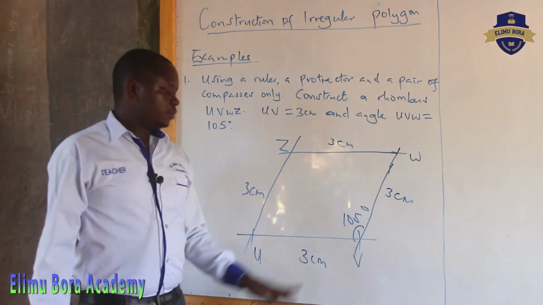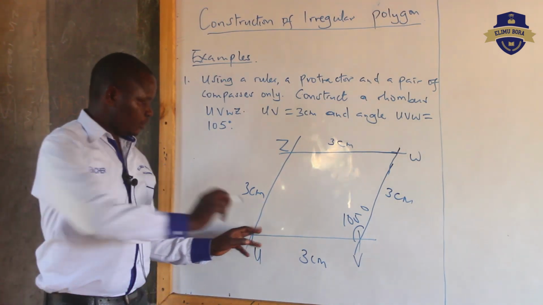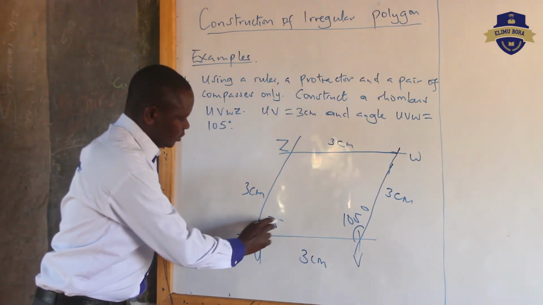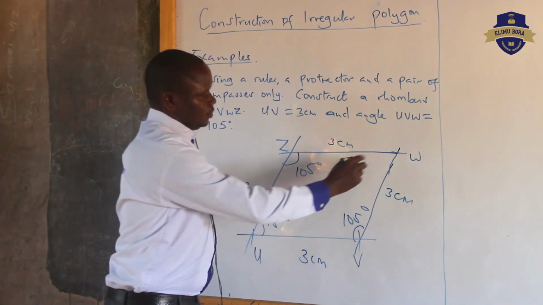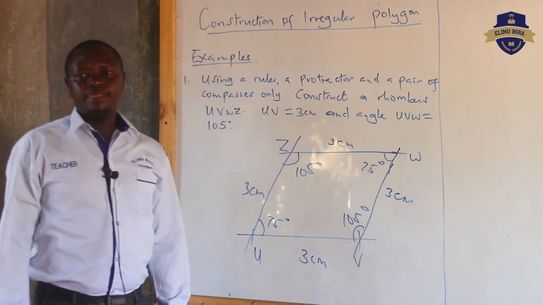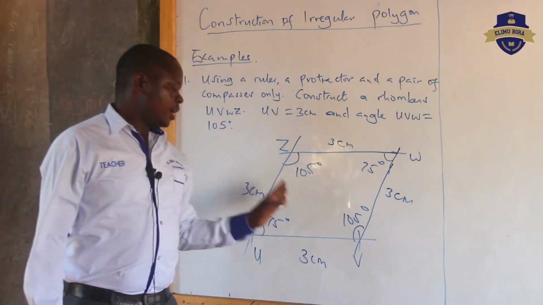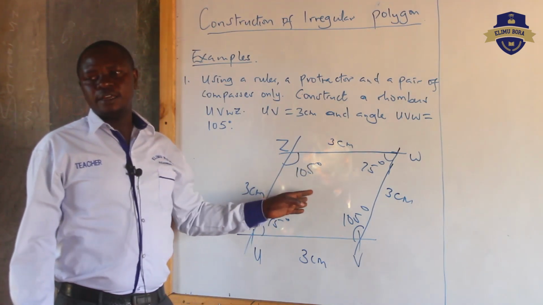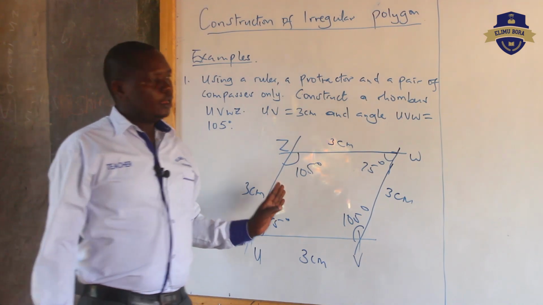So get the difference: 180 minus 105. Hapa itabaki ngapi? 75 degrees. So meaning that here it's also going to be 105 degrees, and here 75 degrees. Are we together? So that when you add all interior angles, they add up to 360. Are we together? Now let us construct.